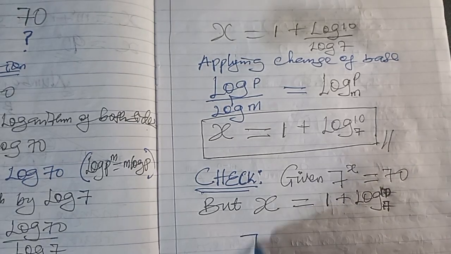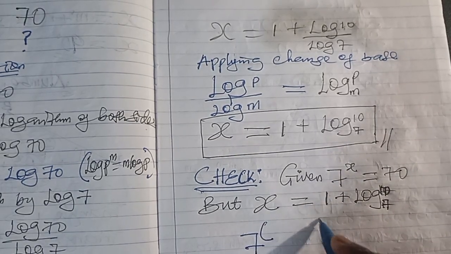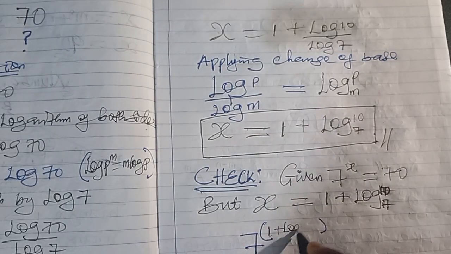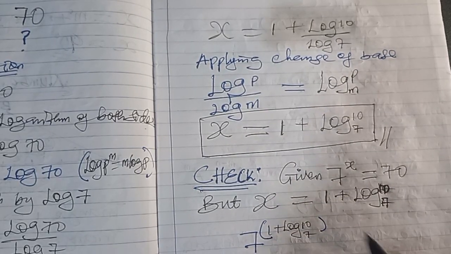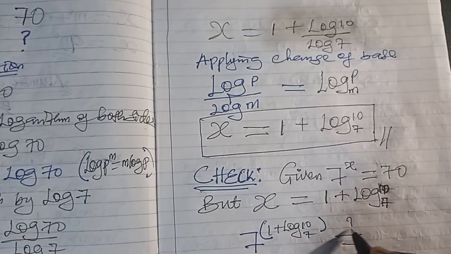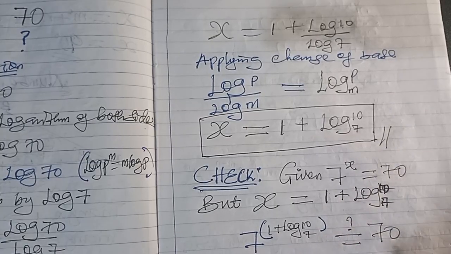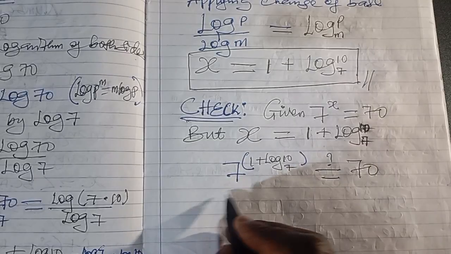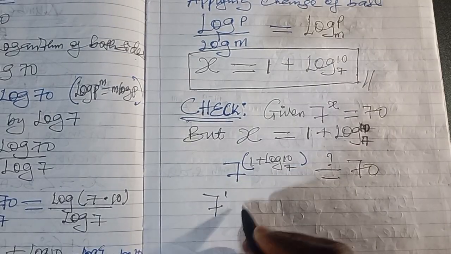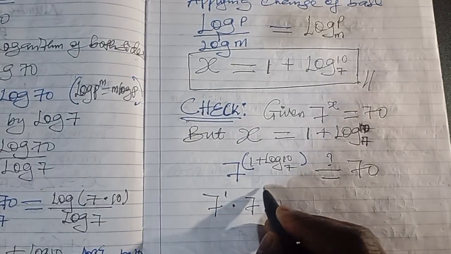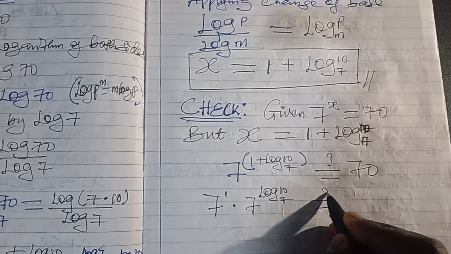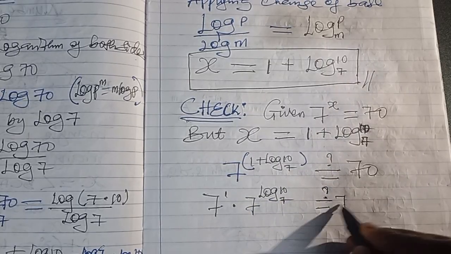So I will have 7 raised to power, remember, 1 plus log 10 base 7. Will it give us 70? So let's proceed. 7 raised to power 1 multiplied by 7 raised to power log 10 base 7. Will it give us 70?